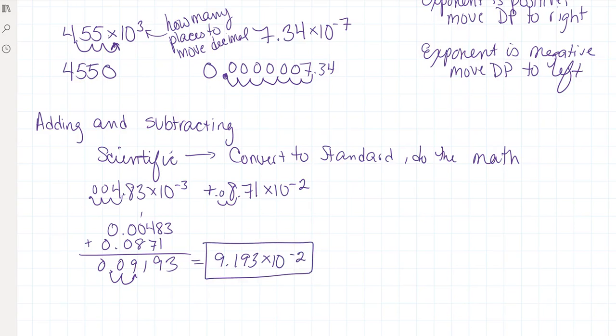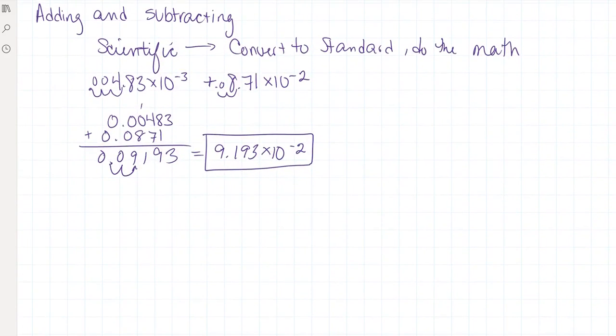The last potential possibility that you can see is that you might have to do multiplication and division. So what does that mean?